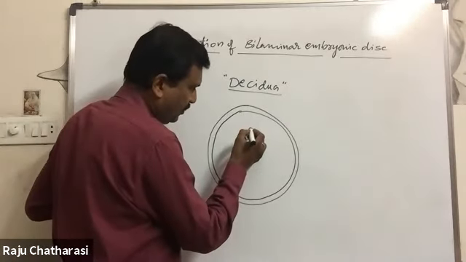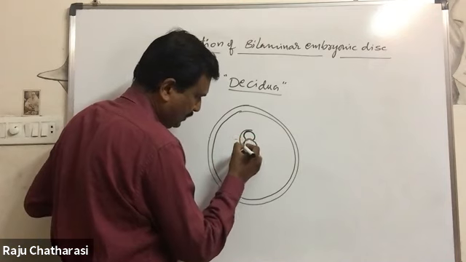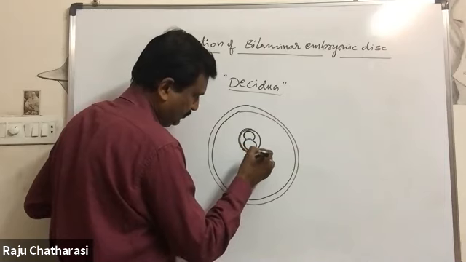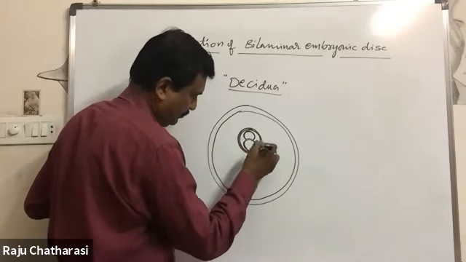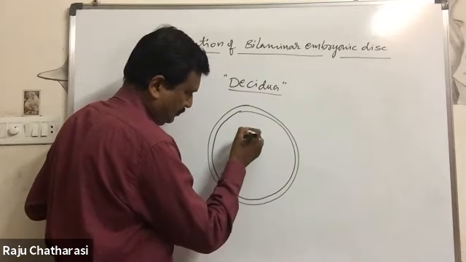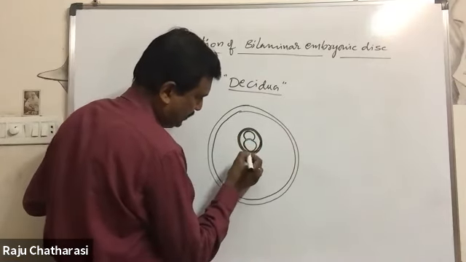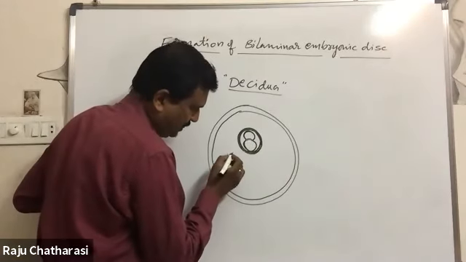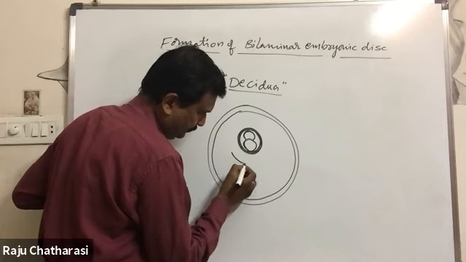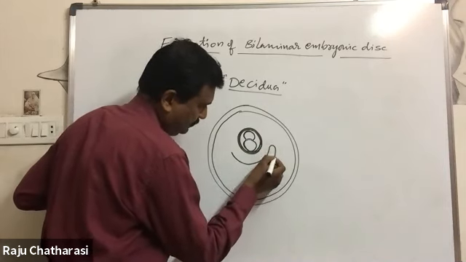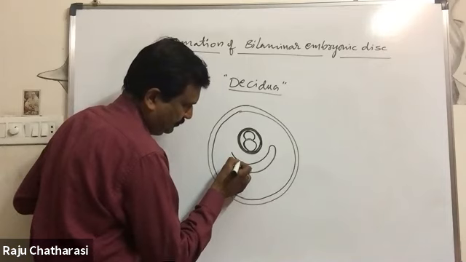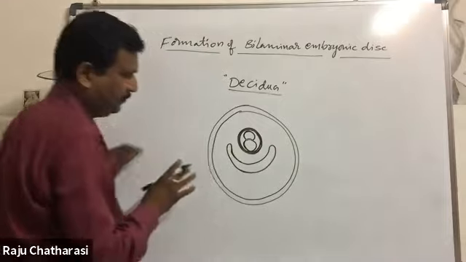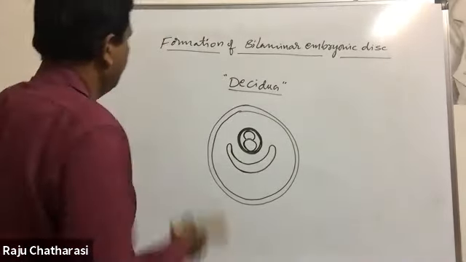Okay. Now, this is trophoblast. Syncytial trophoblast and cytotrophoblast. Don't be confused here.